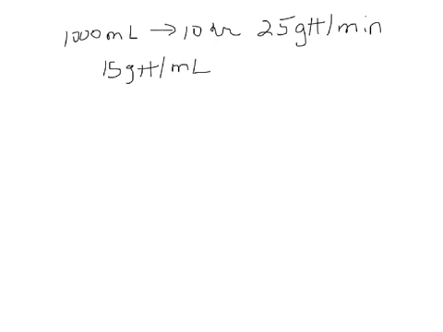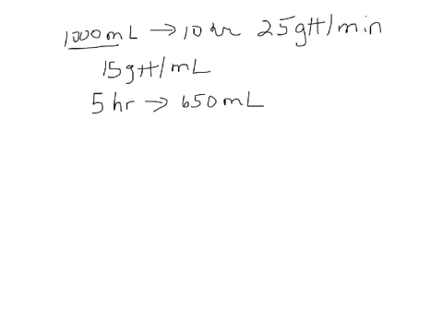And after 5 hours, the total that has infused is 650 milliliters. Should have been half of 1,000 in 5 hours, so it should have been 500 milliliters. So what we're going to have to do is recalculate a new drop per minute for the flow rate to complete the infusion on schedule.